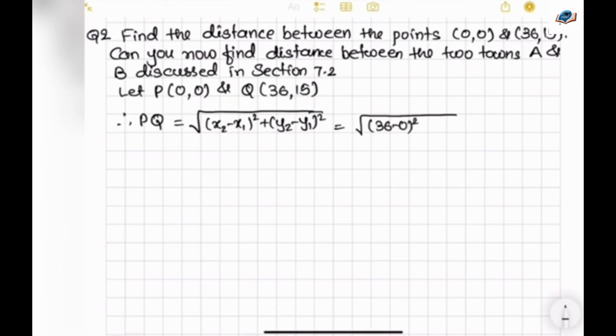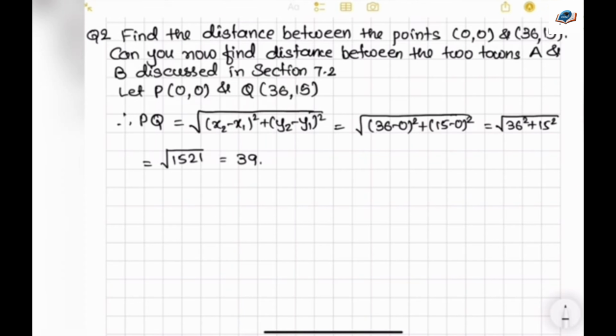So that will be equal to (36 minus 0) whole square plus (15 minus 0) whole square. So that is 36 square plus 15 square. If I square and add them, it is coming 1521, whose root is equal to 39. So first answer I got.